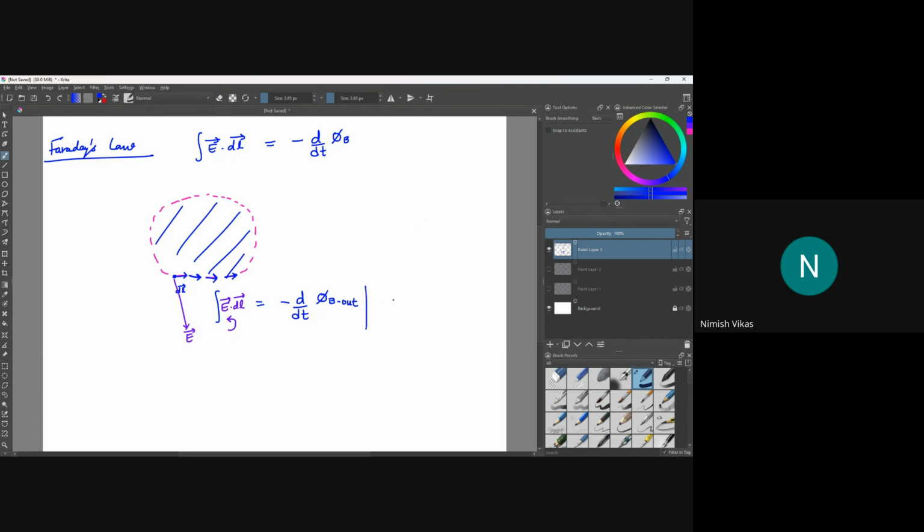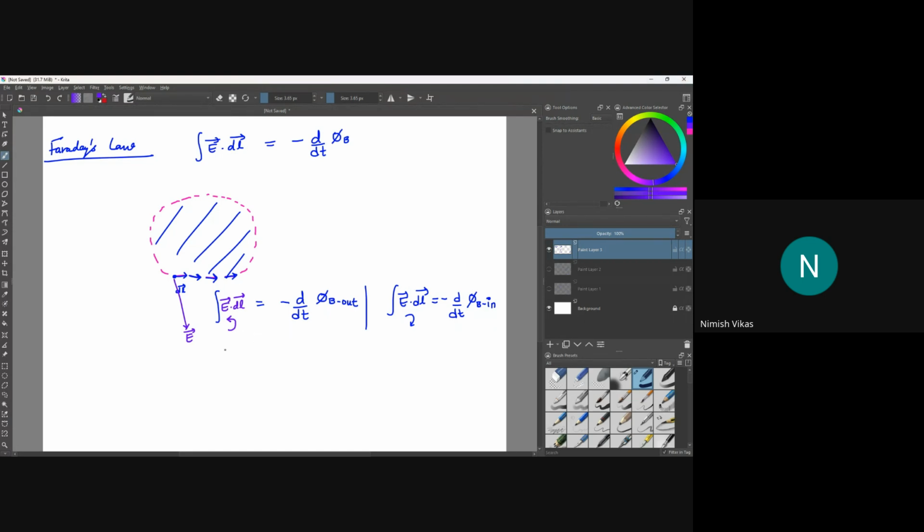Similarly, if you're finding integral E bar dot dl bar in the clockwise direction, that will be equal to minus d by dt of phi into the loop. So that's one thing that you need to be careful about. The sign can sometimes create mistakes.